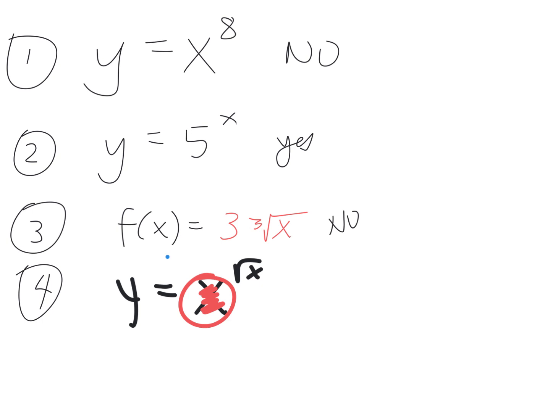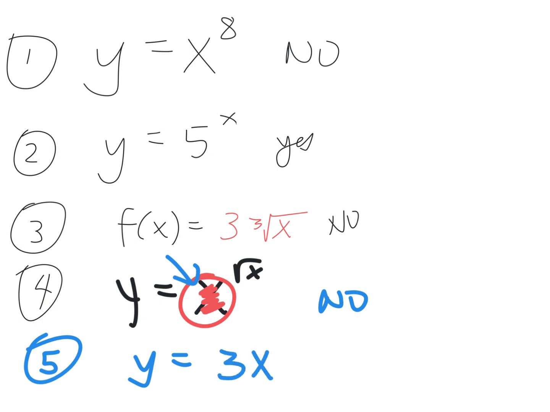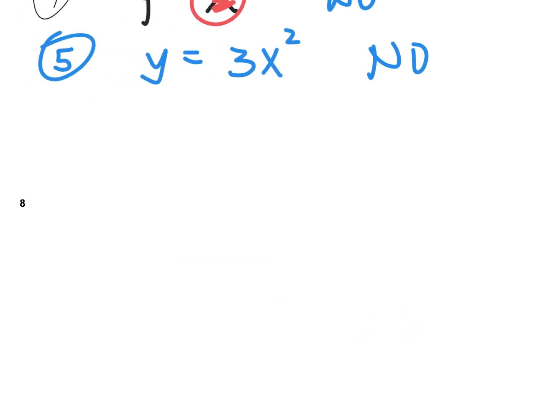But this one for sure is out. Nope. Because the x is only supposed to be in the exponent. Brady, number 5. Y equals 3x to the second power. Is the x in the exponent? Nope. All right, I think you get the idea on those.